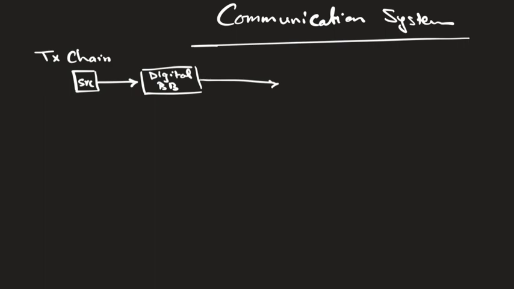Okay, so if you have taken any courses in communication before, you probably have been exposed to the main component of a modern communication system. So you have some source, you have an analog front end, attached to the analog front end is an antenna.